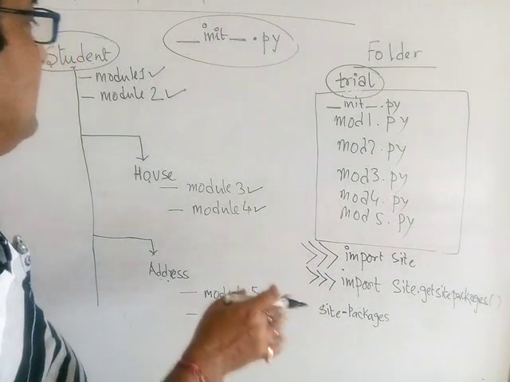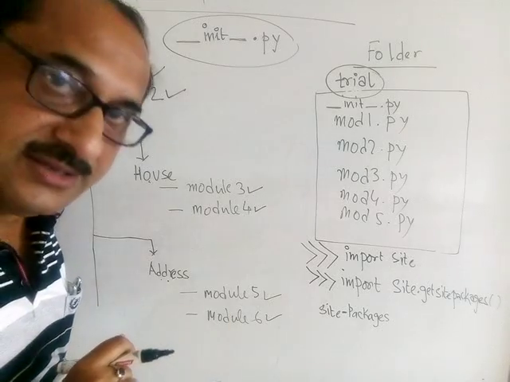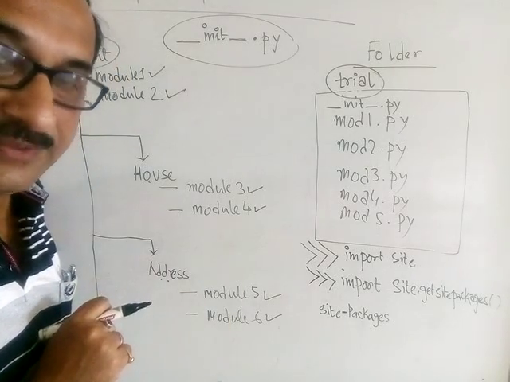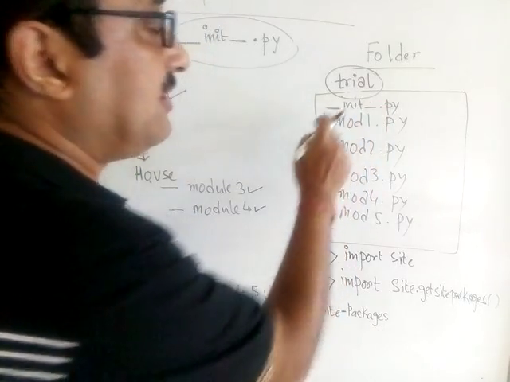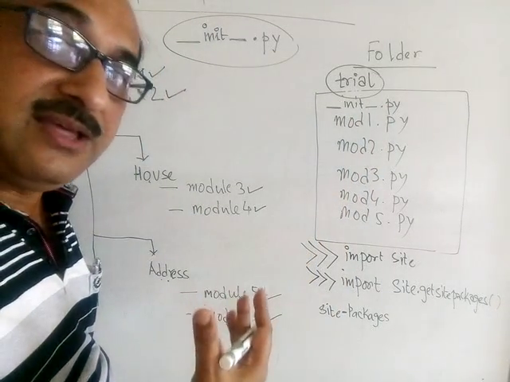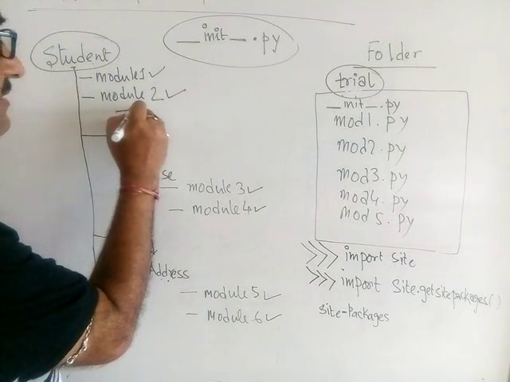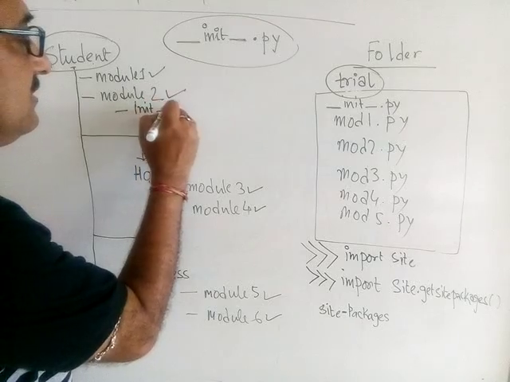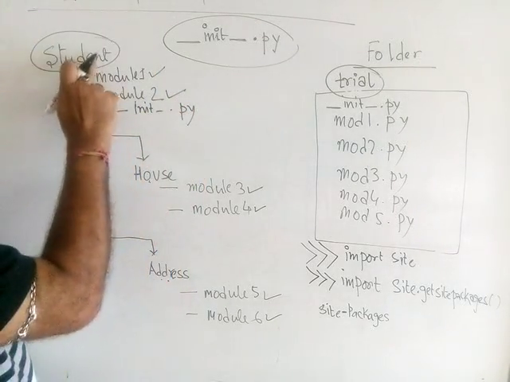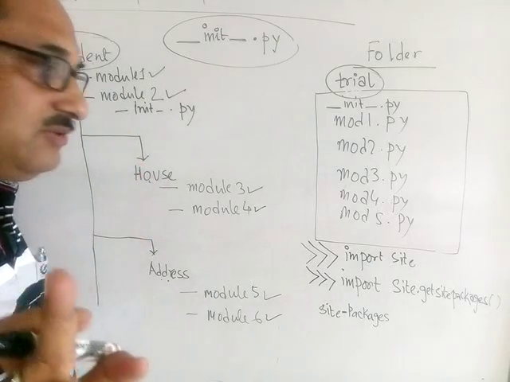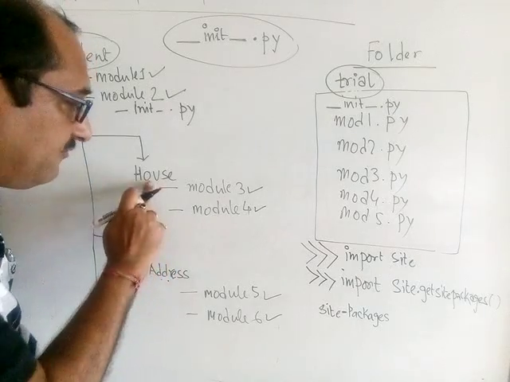In that case, if we just include the modules like this, is it going to work? No, it's not going to work that way. As I told you, this file plays a very important role in recognizing a folder to be a package. So we need to copy here this __init__.py. You'll be surprised to know that even after copying this under this folder, it is not going to help us, since house and address are subfolders.